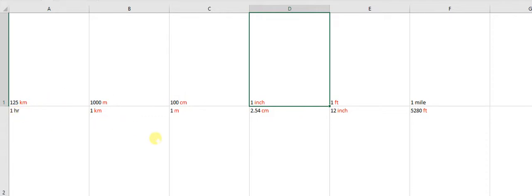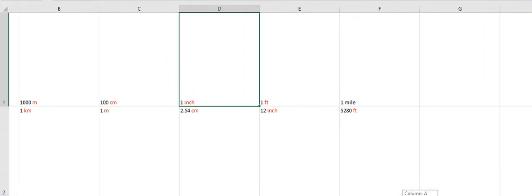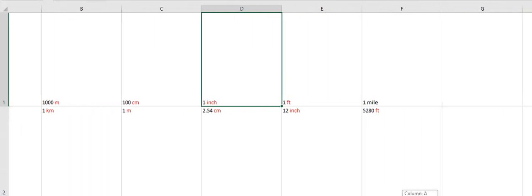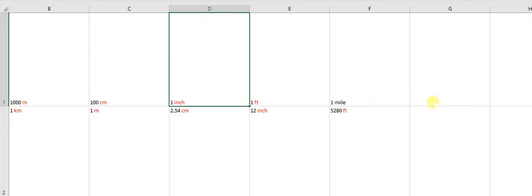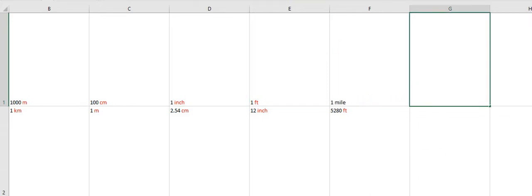Now, if you're doing this all on a calculator, just remember that prior to multiplying your top line, right here where you see my mouse, you would need a parenthesis, okay? It would need to look something like this. So 125 is where we're starting, right? So it would look like 125 times 1,000 times 100 times 1 times 1 times 1.